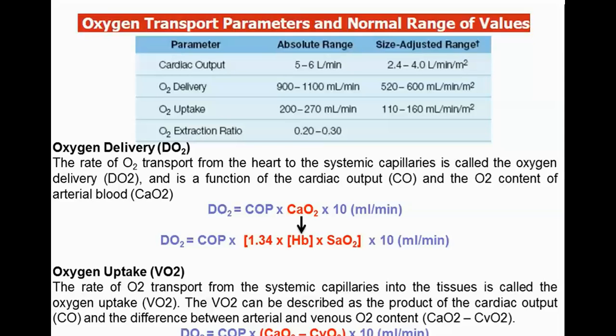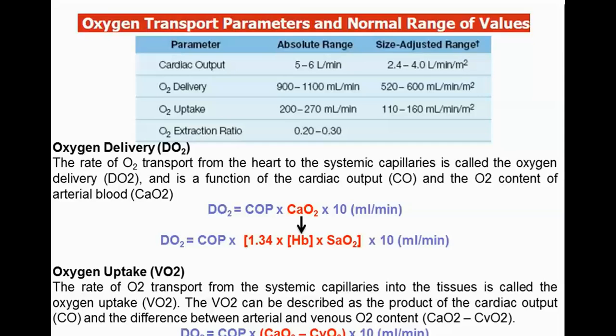Because the oxygen content, as we said, is 20 milliliters per deciliter. To become per liter, it will become 200 milliliters per liter, and cardiac output is in liters. The cardiac output is 5 liters per minute.